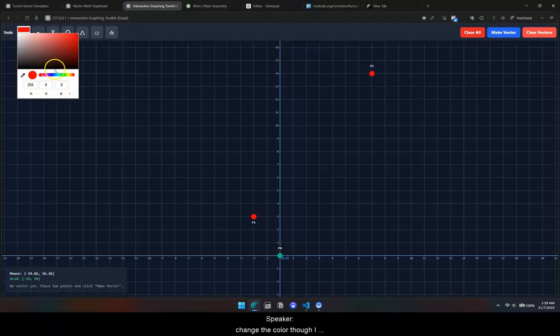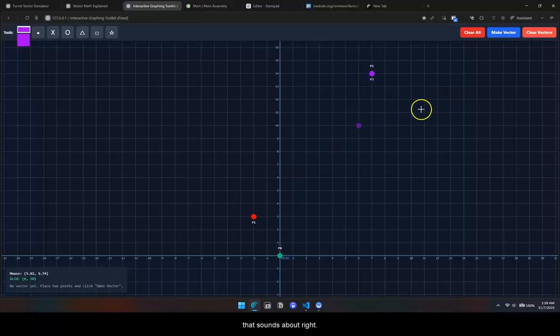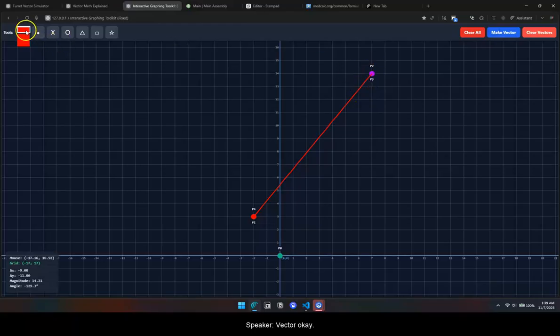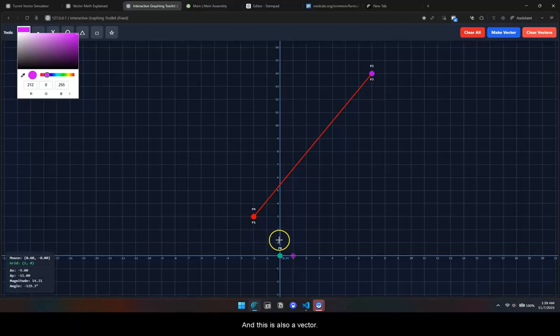I'm gonna change the color though. I don't like the color. Let me change to purple. Yeah, that sounds about right. And let me make a vector out of it. Vector. Okay. And this is also a vector.